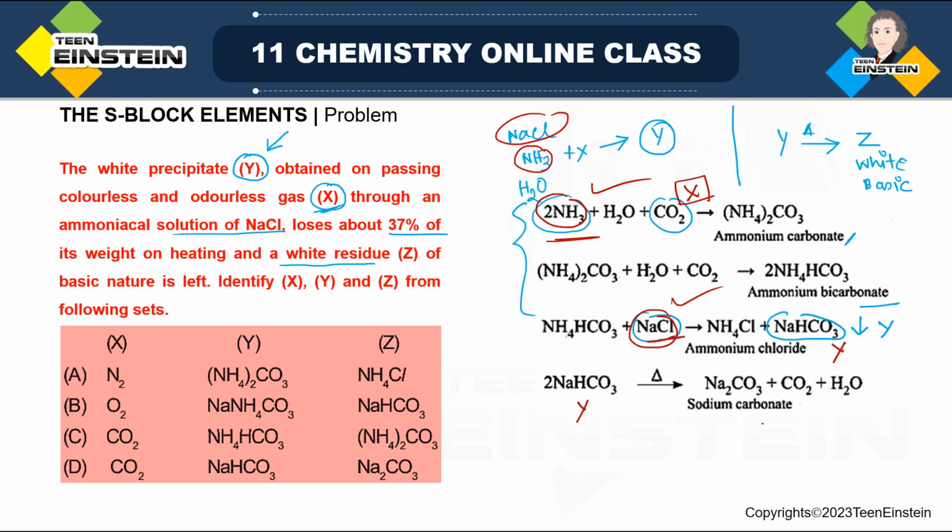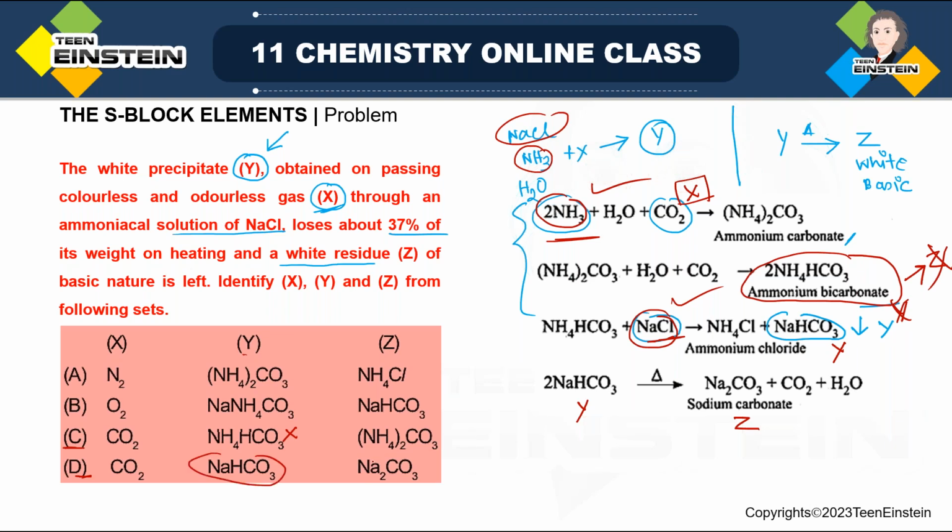And this Y, when you are heating it, you get Z, which is white again and has basic nature. So X is CO2, which is present in both C and D, but Y is not NH4HCO3, because NH4HCO3 is here. If you think it is Y and you heat it, obviously you do not get Z. So it cannot be Y. Y is sodium bicarbonate, not ammonium bicarbonate.